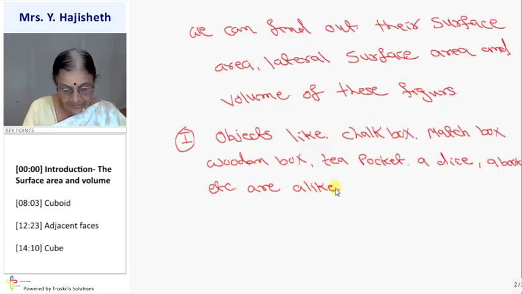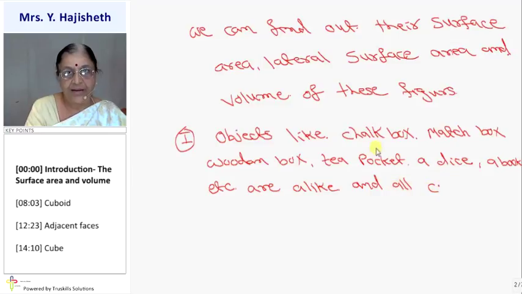They are alike, and all these objects are similar in shape and are called cuboid.